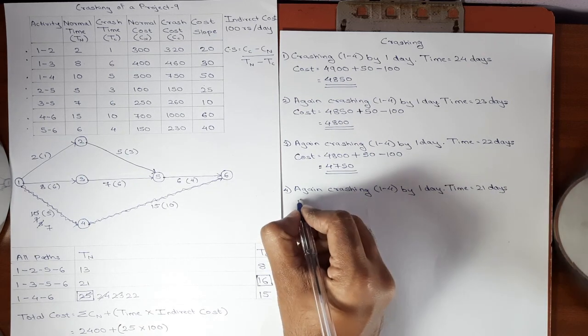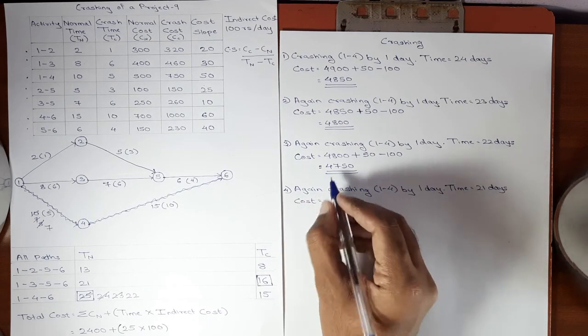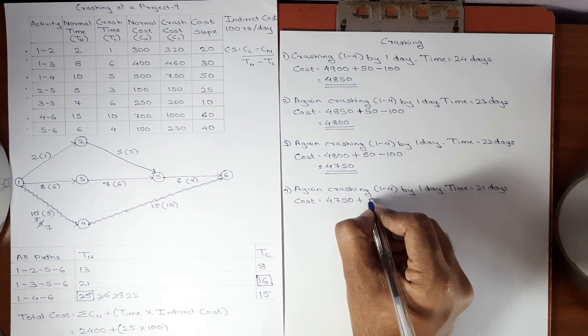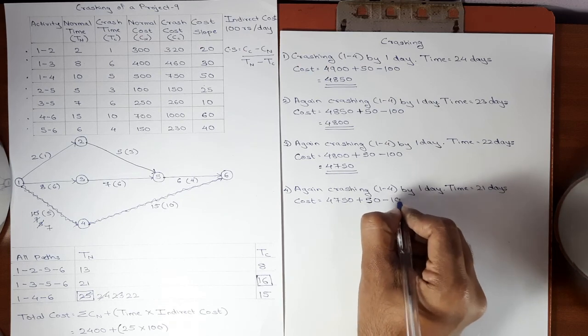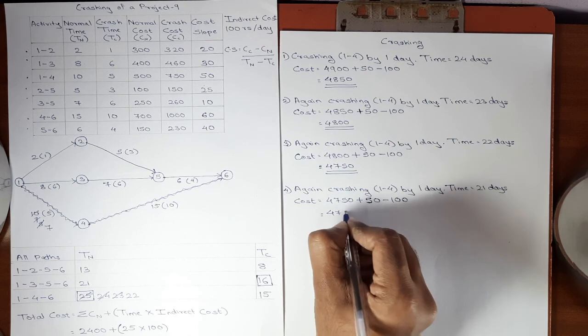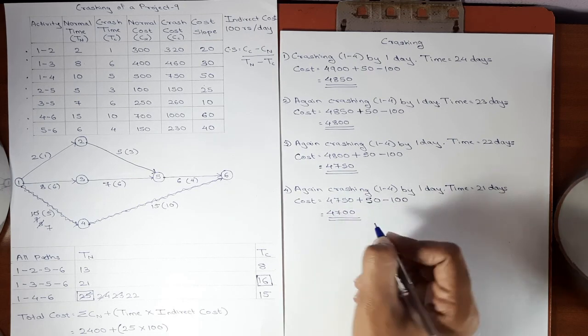And the corresponding total cost will now be 4,750 plus cost slope of 1, 4 is 50, minus indirect cost of 1 day is 100. Total cost will now be 4,700.